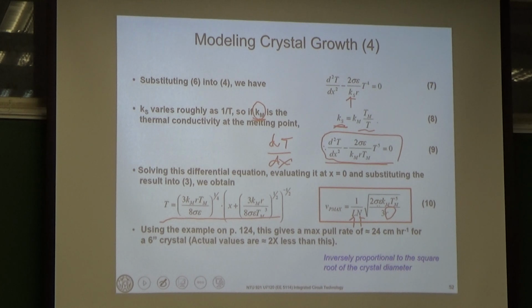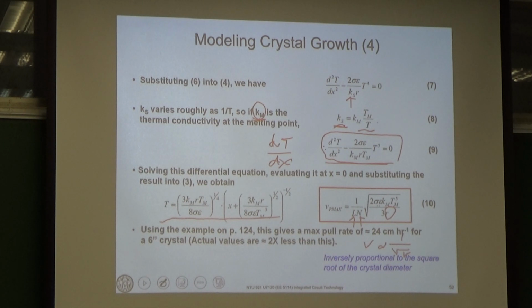So intuitively, you can see your V is proportional to 1 over the square root of R. So if you want your R larger, which means you want the radius or diameter larger, you have to reduce your pull rate.